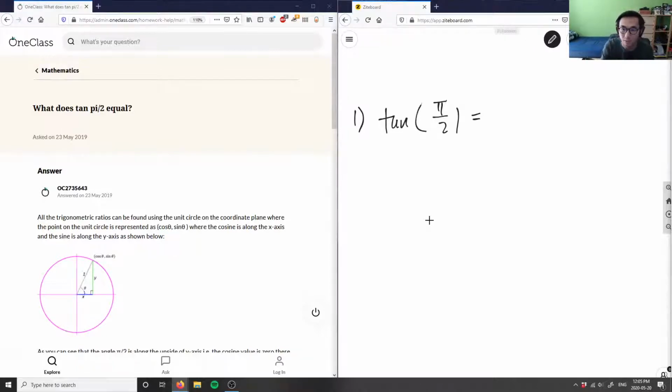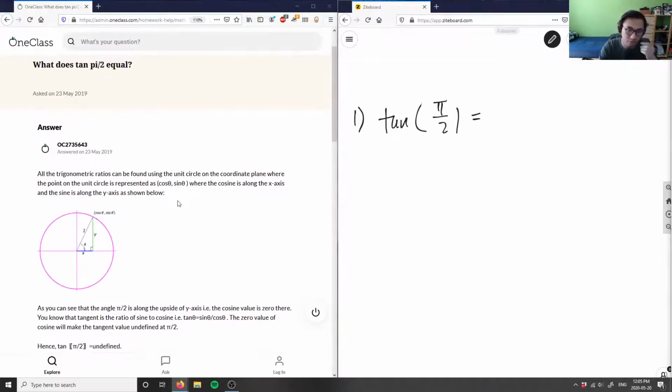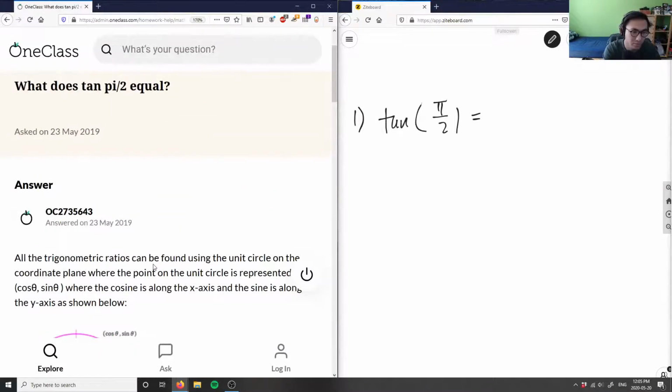Let me draw out a triangle for you, but actually we'll go over the unit circle first, and then figure out what it means for tangent. It says all trigonometric ratios can be found using the unit circle. Let me zoom in, because this is a pretty good diagram.